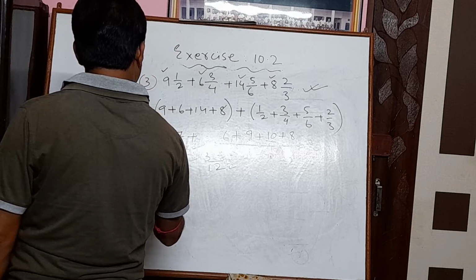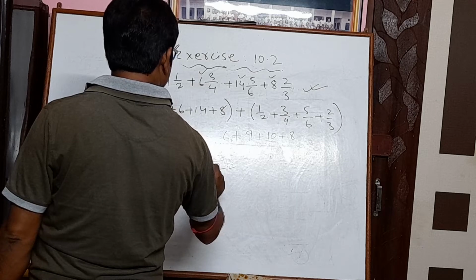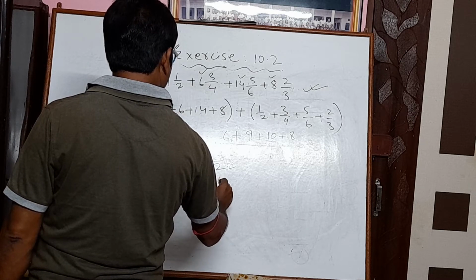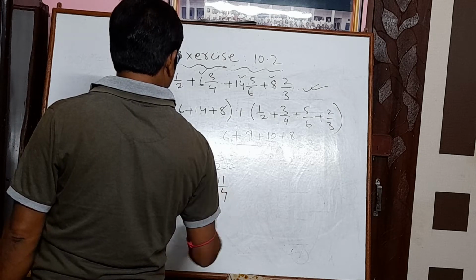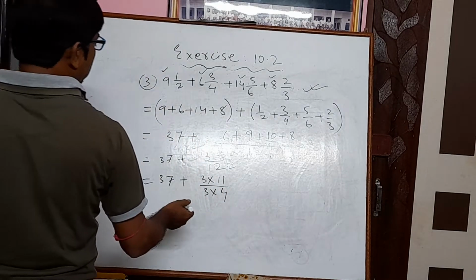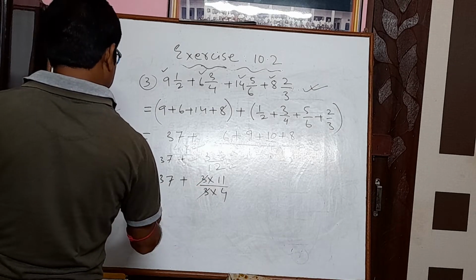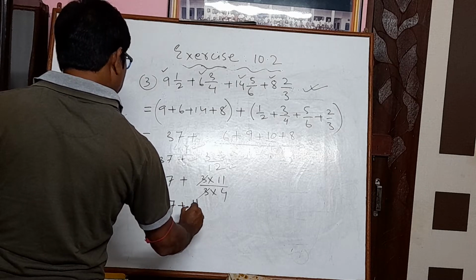Here we can write 33 as 3 into 11 and 12 as 3 into 4. So when we get common factors, those common factors can be cancelled. Now it is 11 by 4 only, 37 plus 11 by 4.